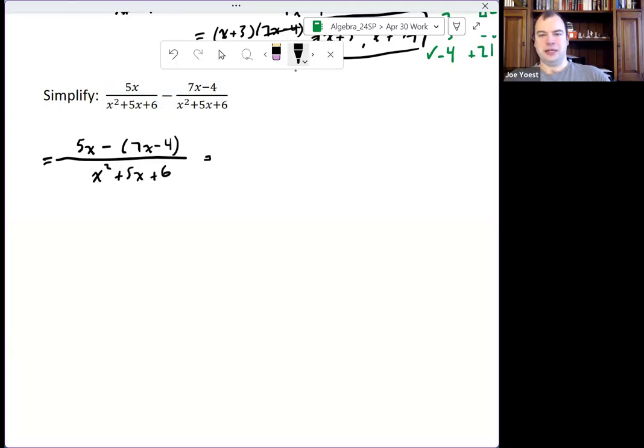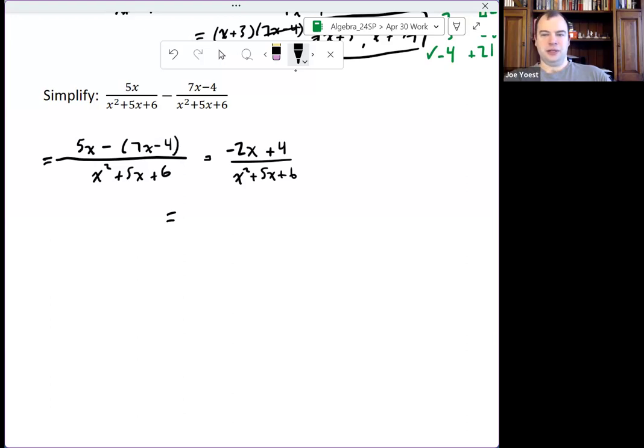So 5x minus 7x is a negative 2x. And then minus a negative 4 is a plus 4. And at this point, I've gotten down to a single rational expression. Now I want to factor everything, see if anything divides out, simplify as far as I can.